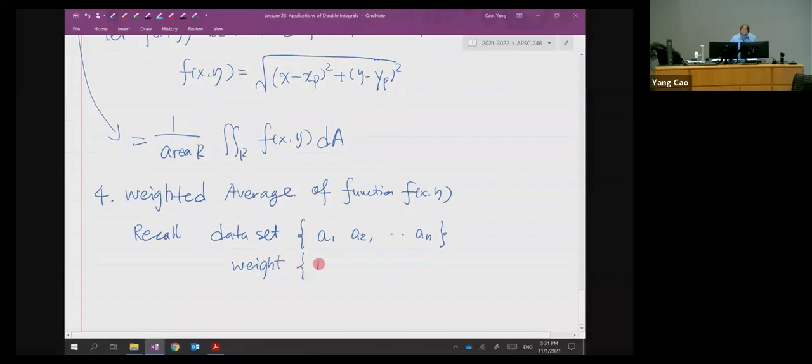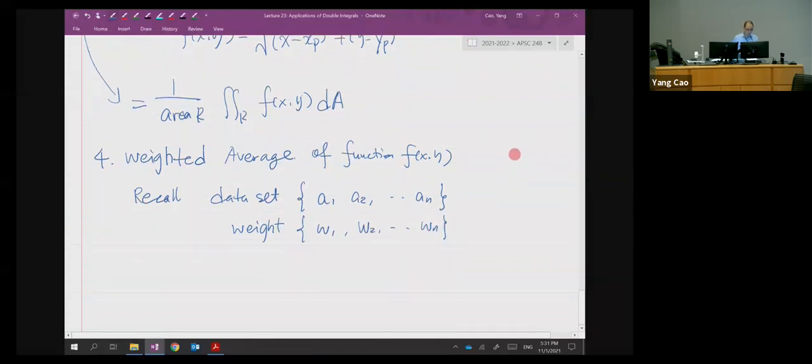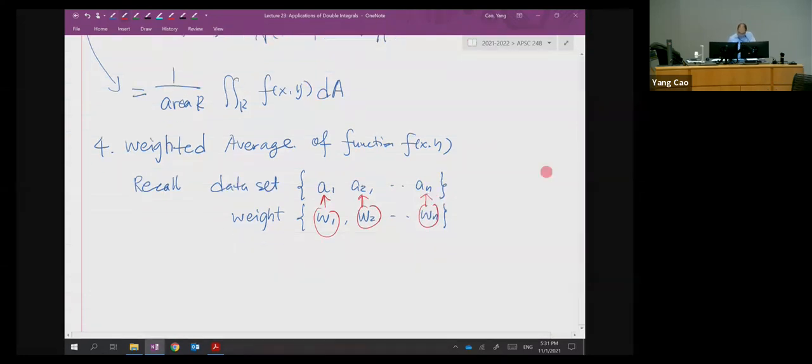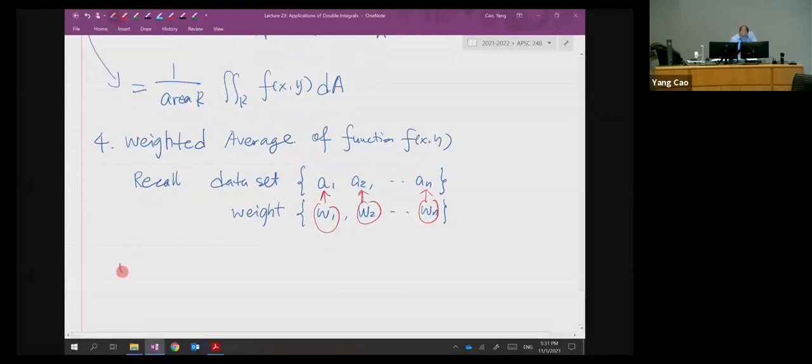The weight W1 is associated with A1, W2 is associated with A2, and Wn is associated with AN. Then you can calculate the so-called weighted average.